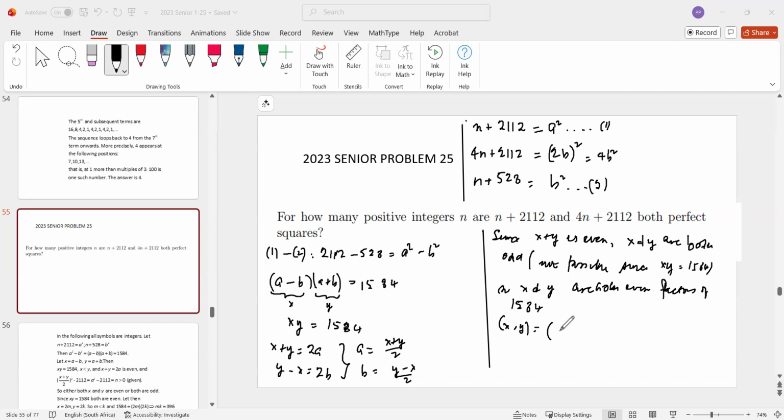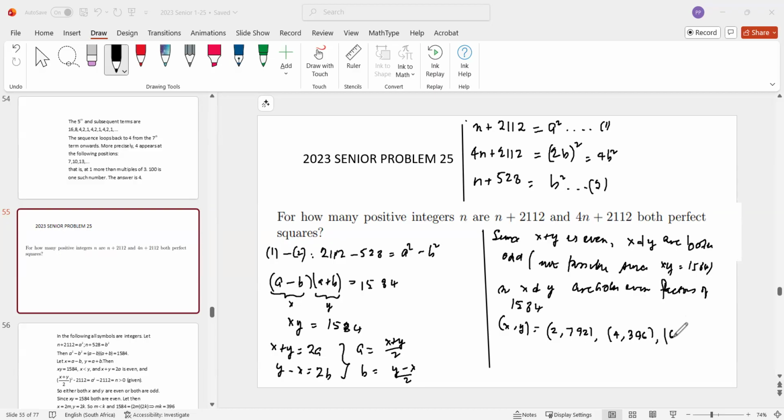So you can take x as 2, and the other one is 792. But we can't take 3 because we want both to be even. But 4 certainly is a candidate because 4 goes into 1584. So it's 4 times 396.